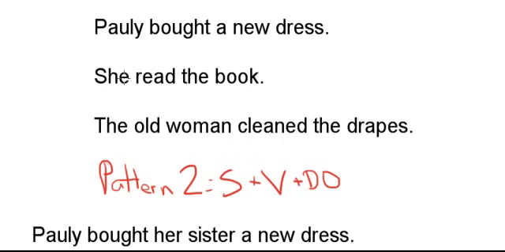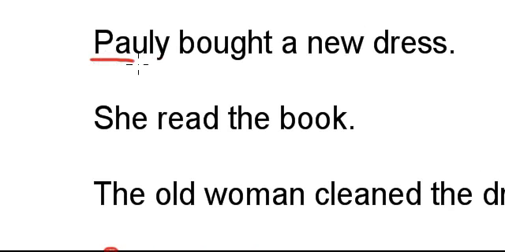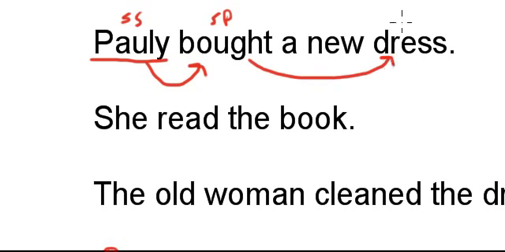So in this sentence here, Polly, simple subject. What did Polly do? Polly bought, so that's our simple predicate. Polly bought what? Polly bought dress. That is a DO. It answers the question what Polly bought. This is in pattern number two.